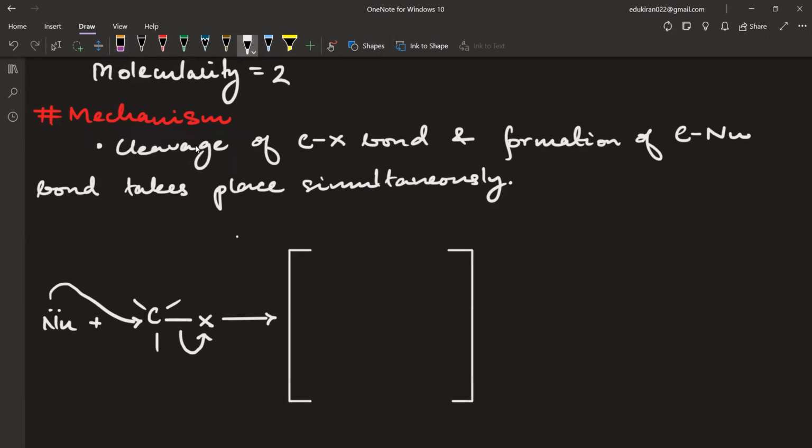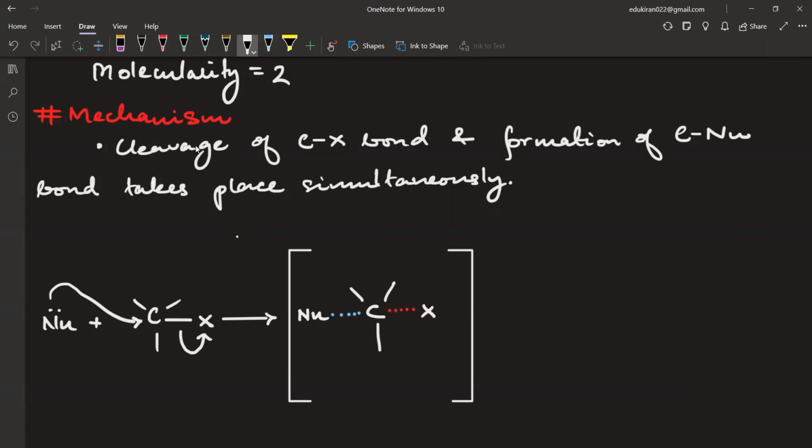In a transition state, you'll have the carbon atom, and those 3 bonds will be as they are. Then let me make the C-X bond dotted red, meaning it is going to break, and the carbon nucleophile bond dotted blue, meaning it is getting formed.